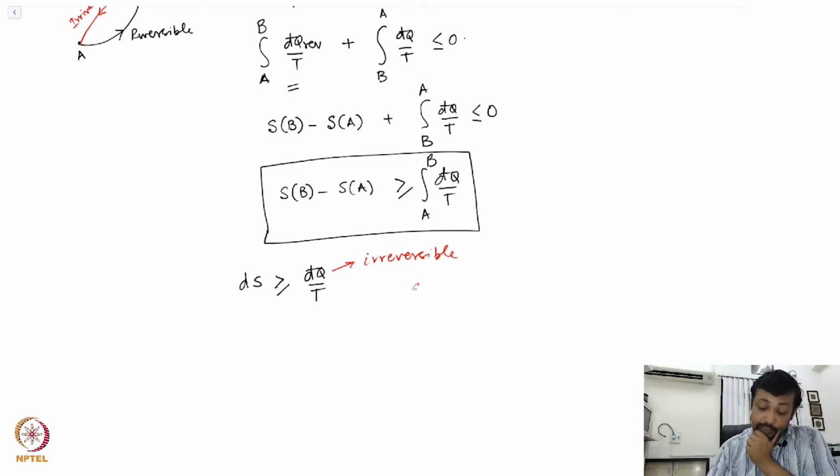And the relation d cut q over T equal to dS is valid only when you are considering a reversible process.